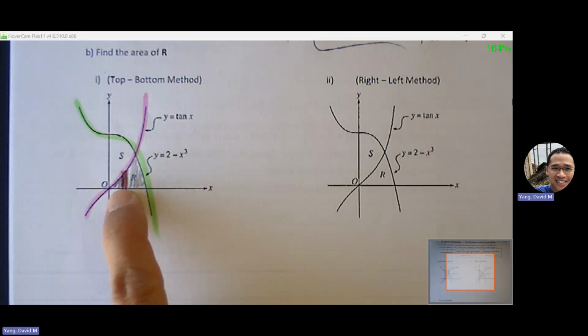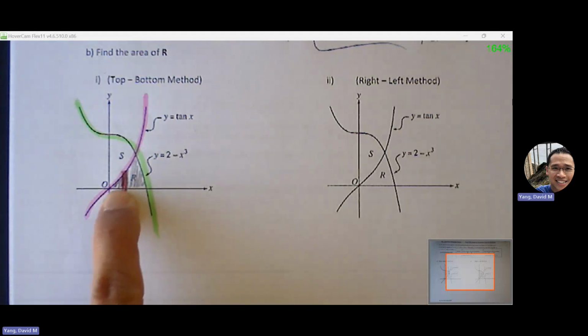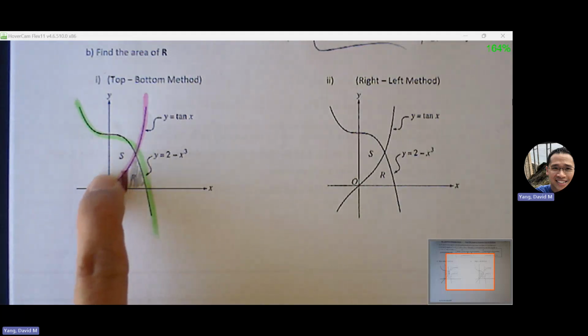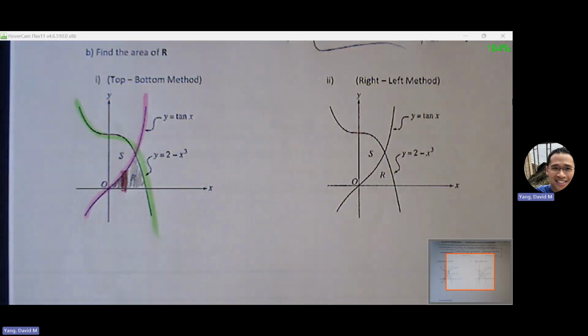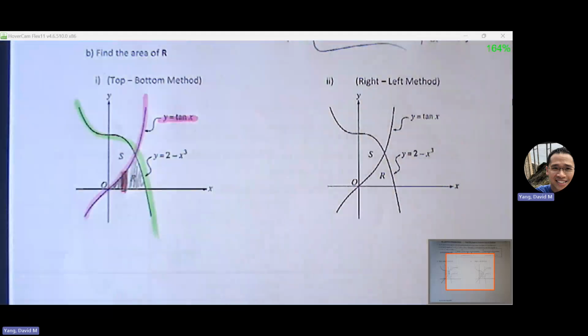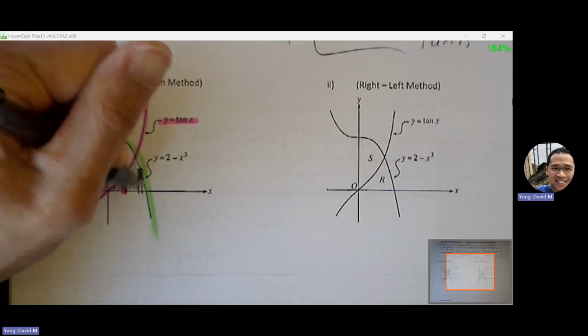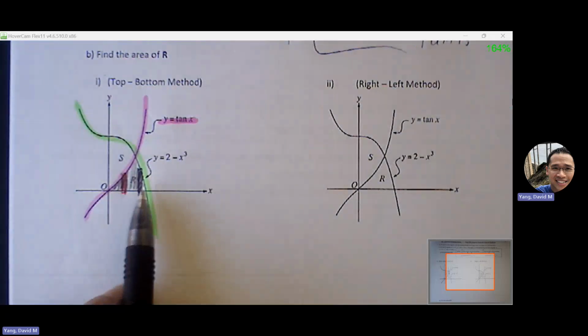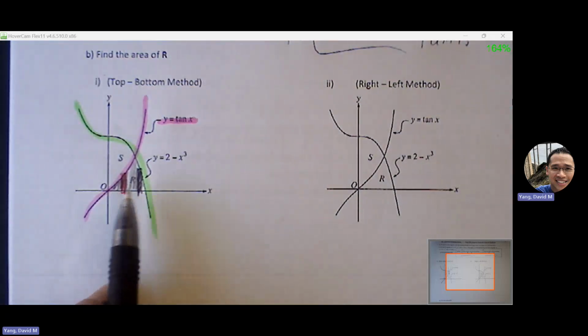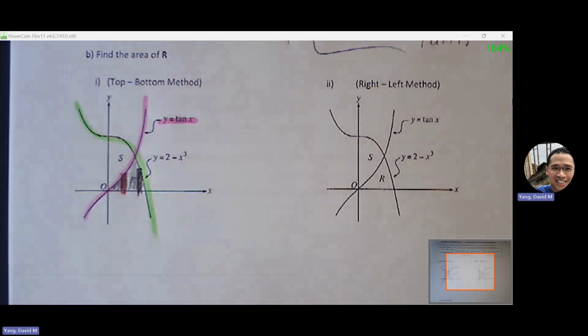So hopefully you see that there are multiple graphs involved, especially for the top graph, because for this rectangle here, up until a certain point, it is involving that tangent of x. But then after the intersection, a rectangle is no longer going to be involving that red graph. It's going to be involving that 2 minus x cubed. So we do need to split this up into two separate problems if we want to do top minus bottom.